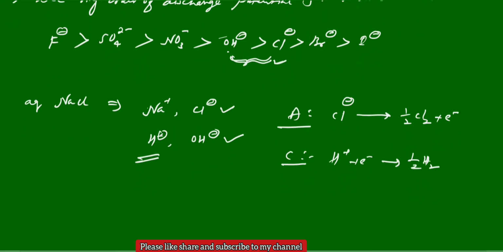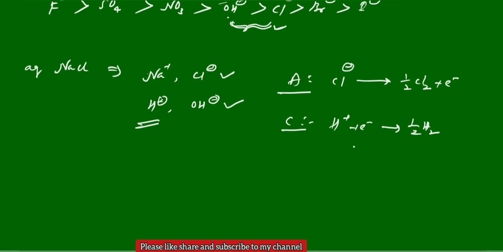Now what happens overall? At the cathode, hydrogen gas is liberated; at the anode, chlorine gas is liberated. And what is left? Na plus and OH minus. Overall, the solution is left with Na plus and OH minus, and it will form sodium hydroxide.